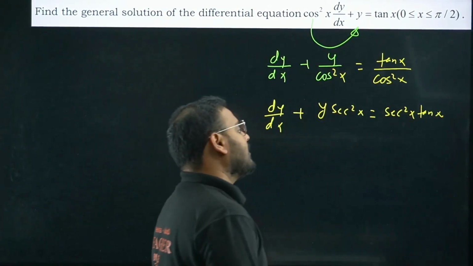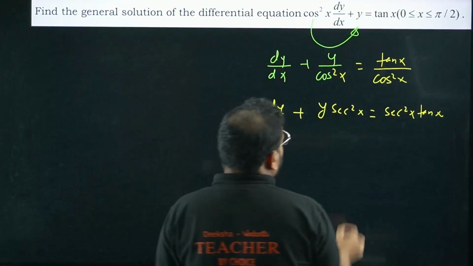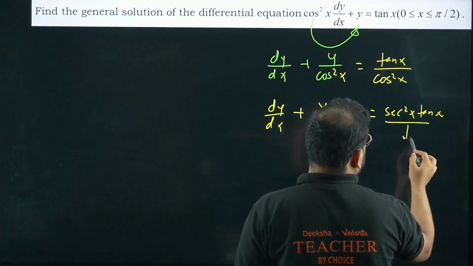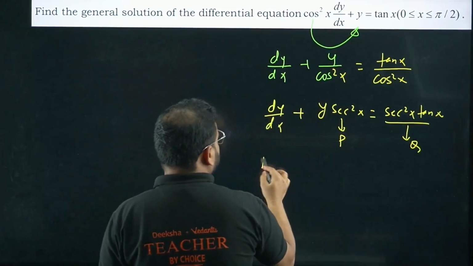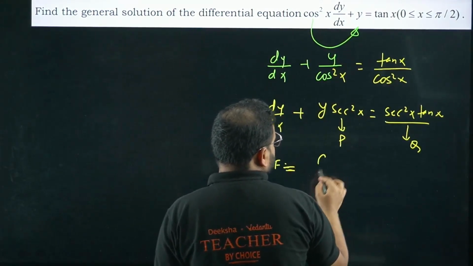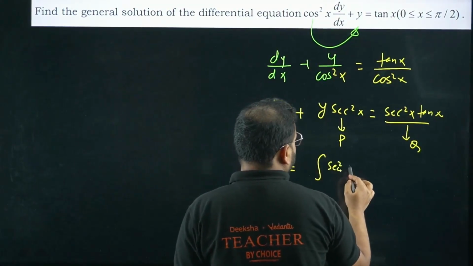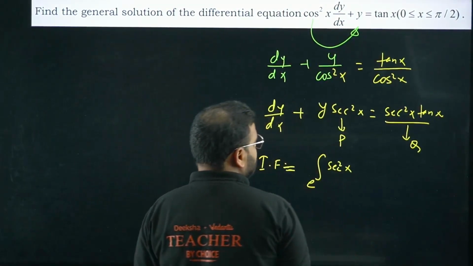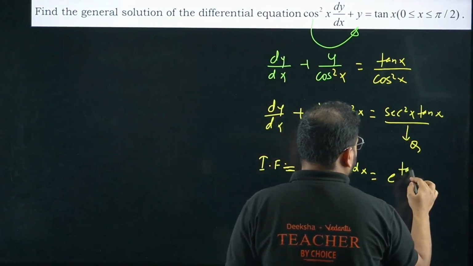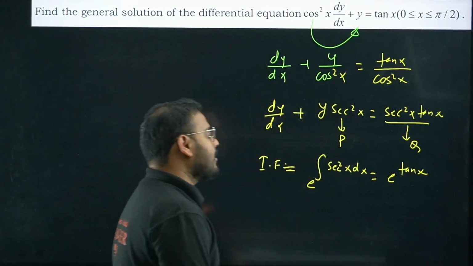This can be written as my P and this is simply my Q. So find the IF value. So IF will become, integrate this sec square x, e power tan x.